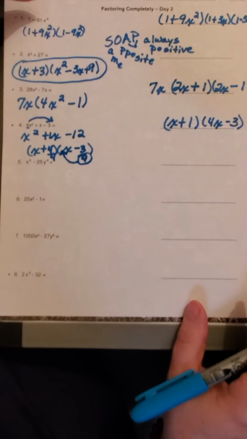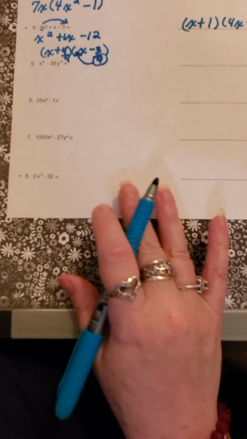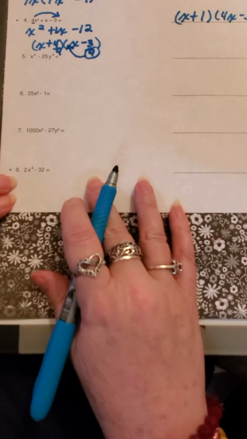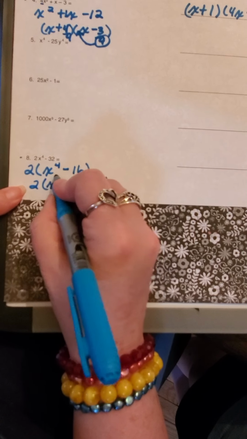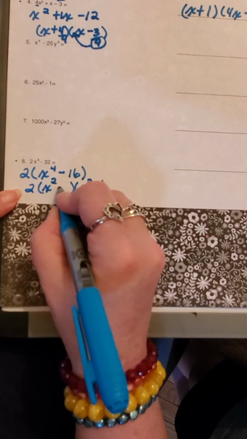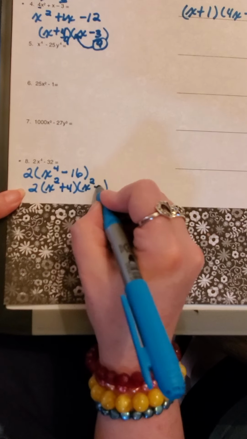All right, then I'm going to do number 8 with you. Okay, number 8, the first thing I would do is factor out a 2. And that gives me x to the 4th minus 16. Now, this is the difference of two perfect squares. So I would have 2, and I'd have x squared plus 4 and x squared minus 4.